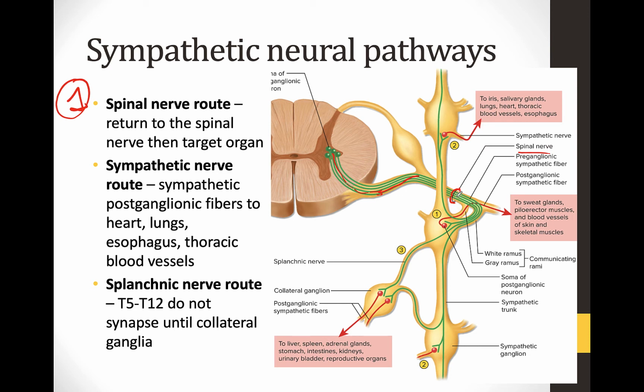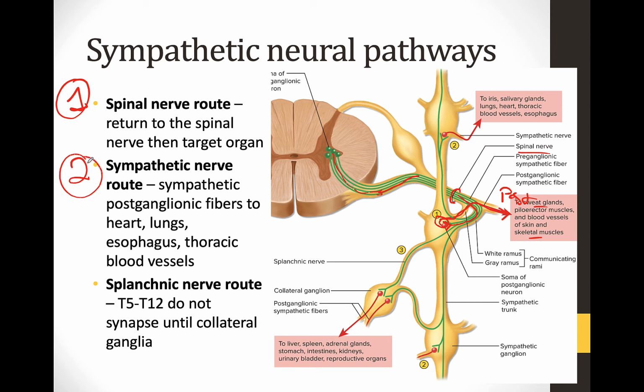So this first pathway is going to follow the spinal nerve into the sympathetic chain ganglion. It's going to synapse right here at this level, go right back to the spinal nerve, and then right out to the post-ganglionic neuron, and then eventually to its target. So this is going to take it to places that are pretty close by, sweat glands, the skin, blood vessels, some other skeletal muscles of the back.